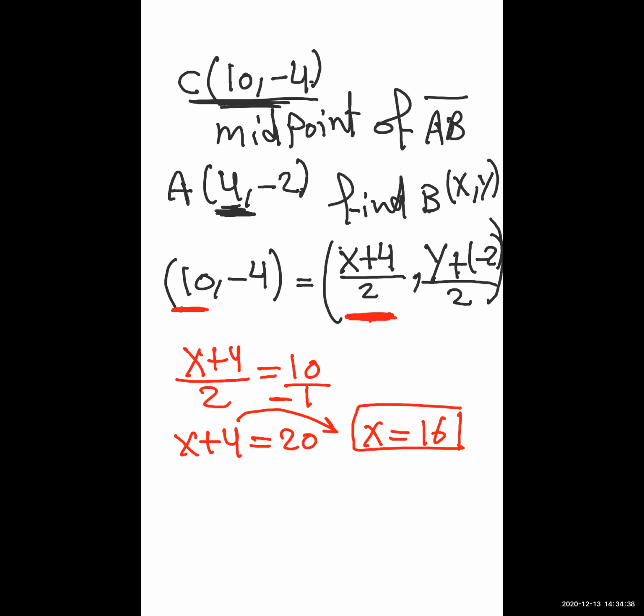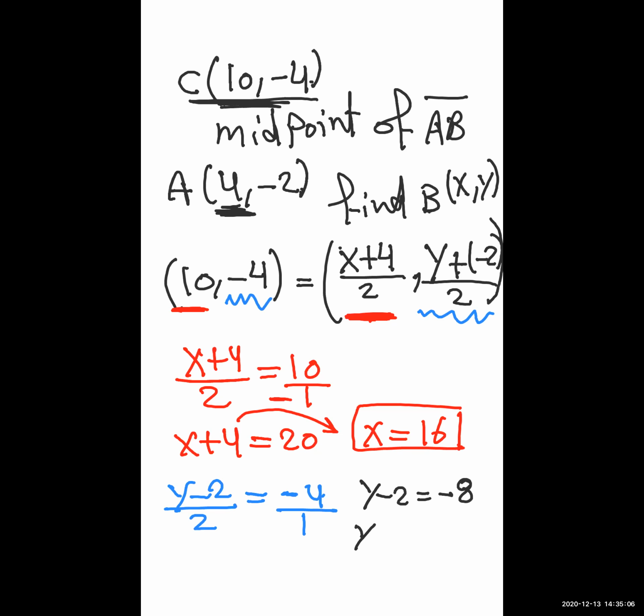Now the second term in the ordered pair here. So -4 will equal y plus -2 over 2. So simply, guys, y minus 2 over 2 will equal -4. Also, -4 is a whole number, so this means it's over 1. Cross multiplication, so y minus 2 will equal -8.